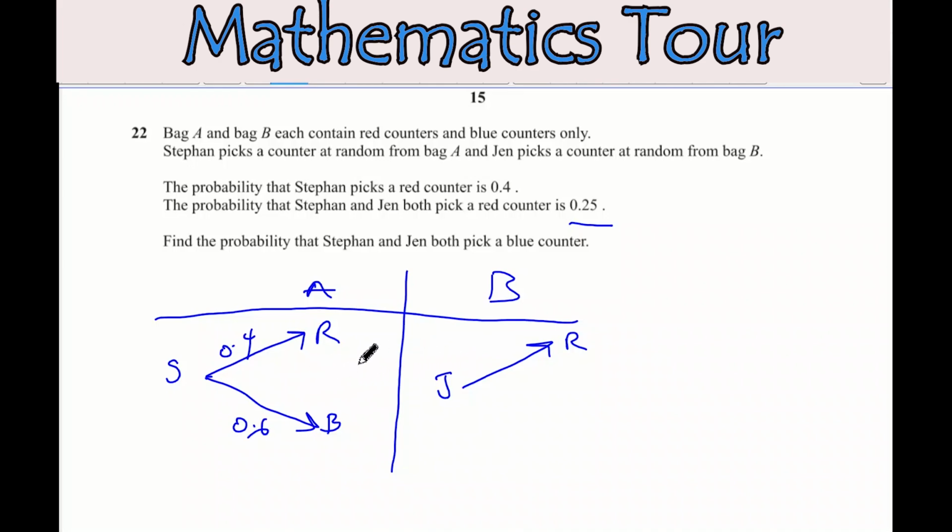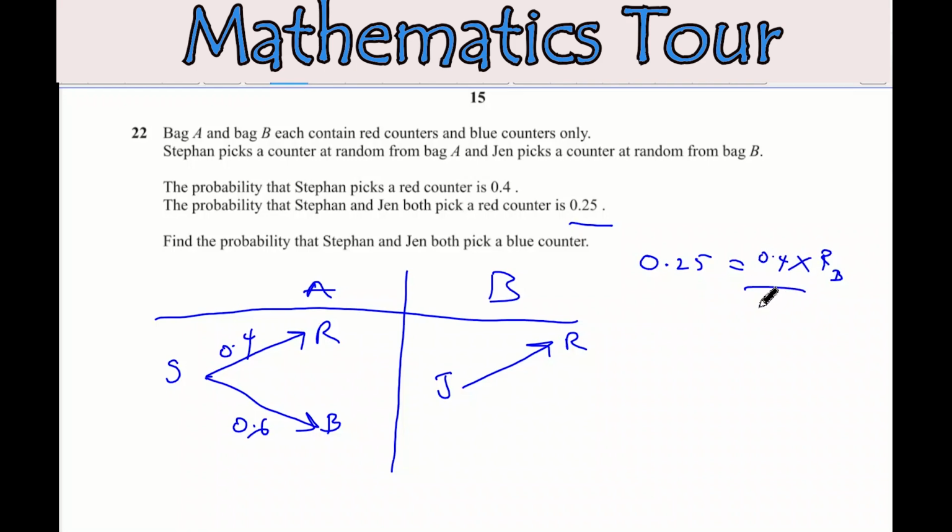The result of this does not depend on this. So that is product. That means the probability of A and B will be equal to the probability of A multiplied by the probability of B. So the probability both are red is 0.25, equals the probability of red in A, that is 0.4, multiplied by red in B, because they are independent.